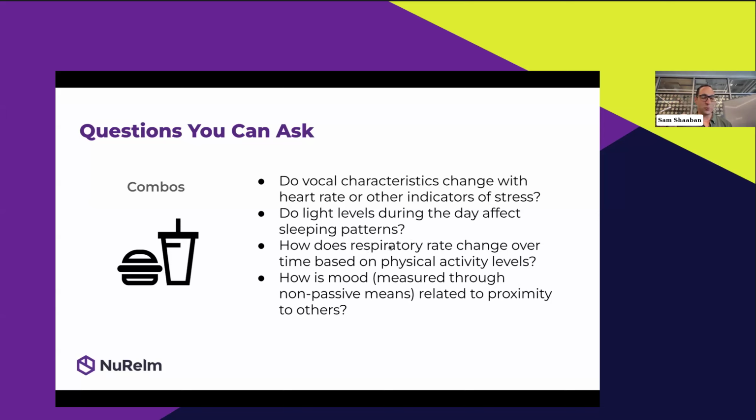Respiratory rate, does it change over the weeks and months that people do different levels of physical activity? Or, how is somebody's mood related to how many people are around them, or maybe how far they travel from their home in a particular day? So I think these are really the sorts of cool questions that you can ask when you combine all this different data together. And these are things that are all really feasible to do with a passive sensing approach.